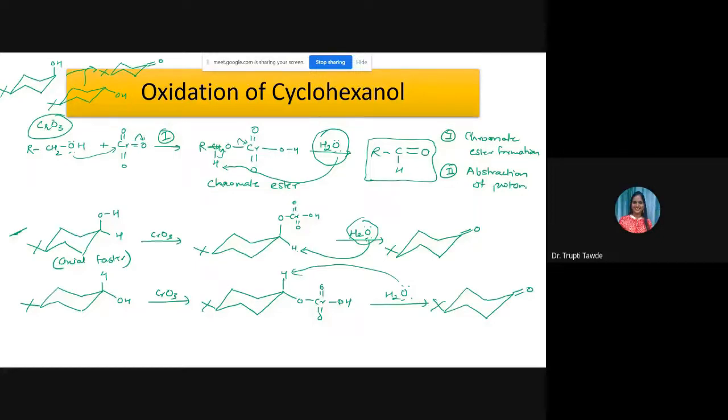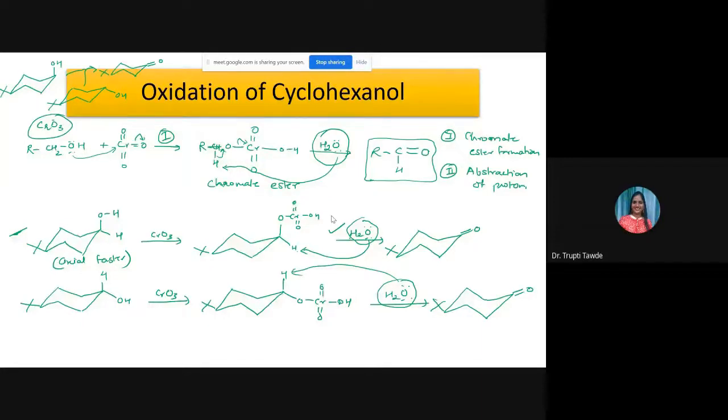It is approaching from the equatorial side, whereas in the second case water is approaching from the axial side to remove that proton. Which approach is easy for water, removing the proton from the equatorial or from the axial? Equatorial. And that's why, according to this step, it was considered to explain why the axial alcohols react faster, because for water, approaching the equatorial side will be easy, and removing that hydrogen will be easy.